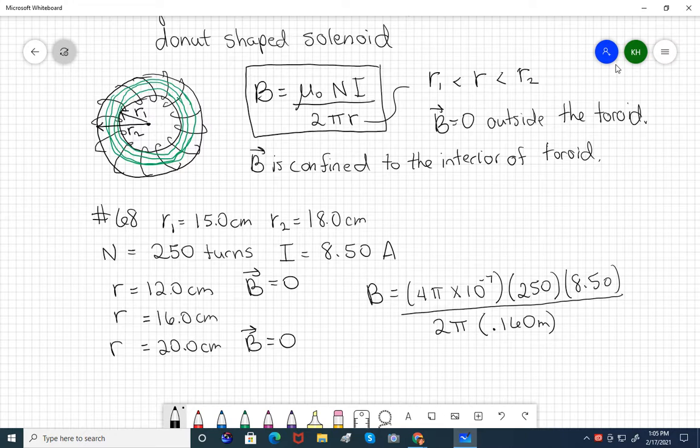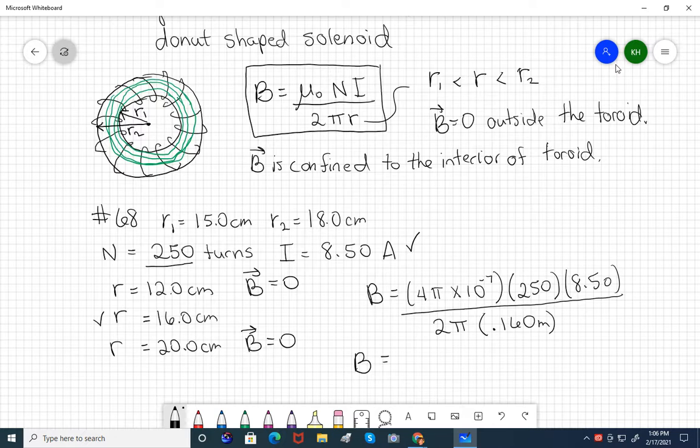I want to point out that the measurements that matter have 3 sig figs. The current has 3 sig figs, the radius has 3 sig figs, 250 turns is exact. Mu naught, the 4 pi times 10 to the negative 7, is also exact. This 2 pi in the formula, also exact. So I just need to put this in a calculator and see what I get.